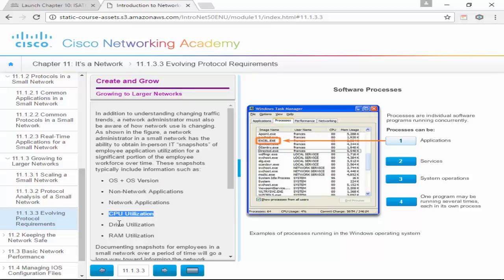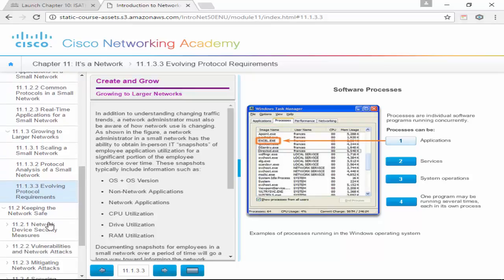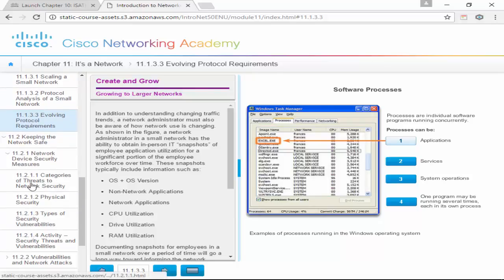Our server CPU utilization, drive utilization, RAM, and I guess this could be computers too, because whatever we're running, if you're buying a computer, you want to make sure it actually is going to run for your network, not that it's just cheap, right? So if you don't know how much the stuff's using, it's real hard to figure out what you're going to buy.